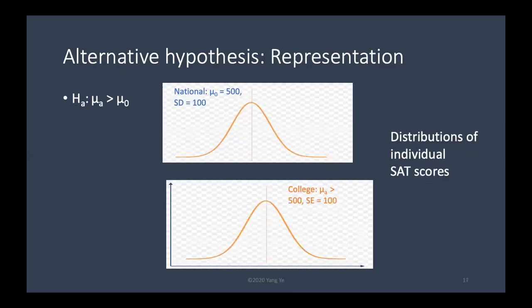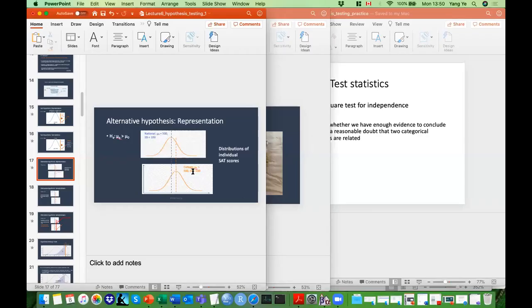Now let's represent a case where the alternative hypothesis is true. In this case, let's first talk about these individual SAT scores, not sample means, right? Let's first talk about the distributions of these individual SAT scores. So we know that the national population has an average of 500, a standard deviation of 100. And for our college, we call it UA, right?